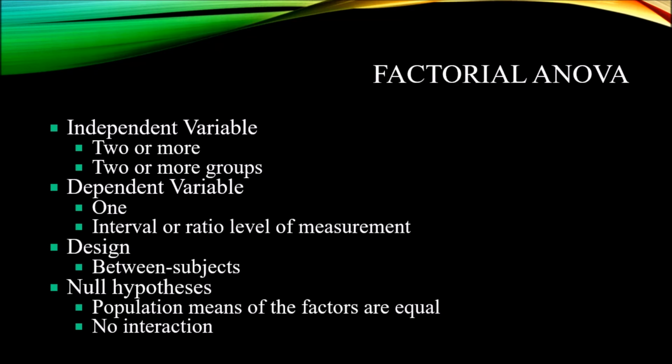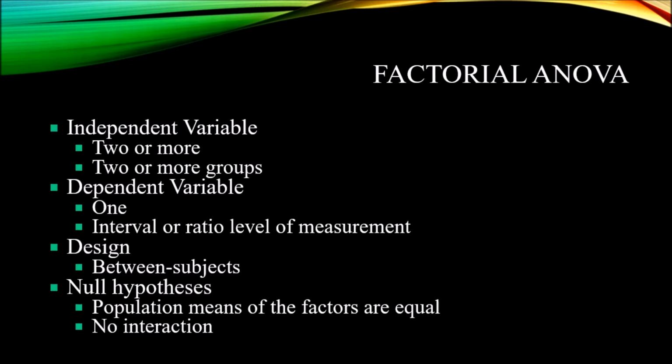Moving now to factorial ANOVA. I'm using this term factorial ANOVA, and what this refers to is you have more than one factor. So you could have a 2-way ANOVA, 3-way ANOVA, 4-way, etc. All those types of ANOVA are factorial ANOVAs.